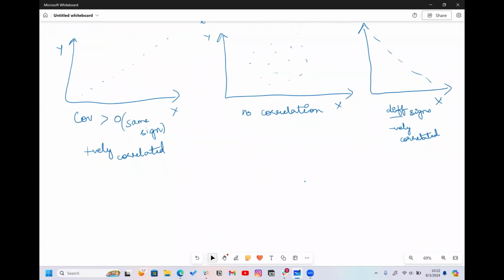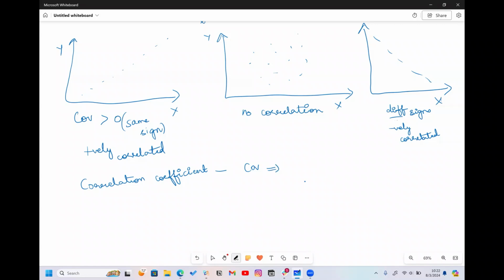The formula for covariance is something we already know. Suppose we have two variables and their distributions, we can use the formula to calculate the relationship as well. And then we also have something called the correlation coefficient. Why we need this is that covariance can assume any value and it doesn't have a limited range.